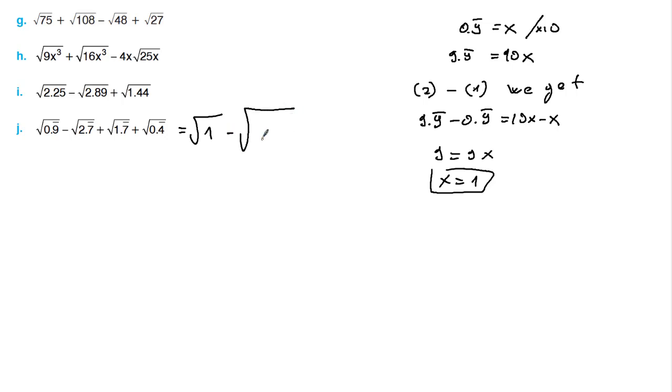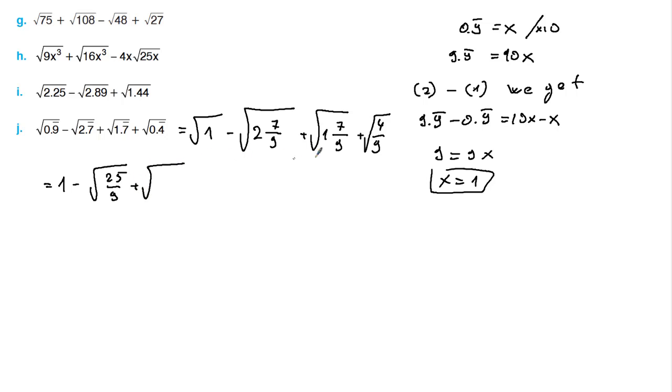We will skip steps for the second one, so this one is just 1 here. Now you can try the rest, like it will be 2 wholes and 7 over 9 here, plus here it will be 1 whole and 7 over 9, plus 4 over 9 here. All right, let's continue. Square root of 1 is 1, minus 2 times 9 is 18, and 7, that's 25 over 9, plus 16 over 9, plus 2 over 3.